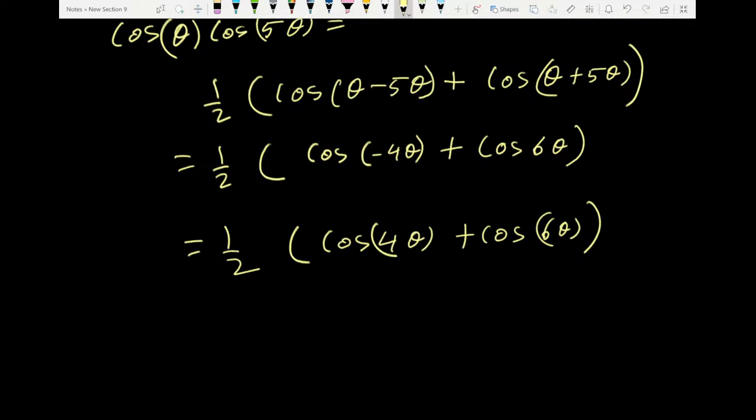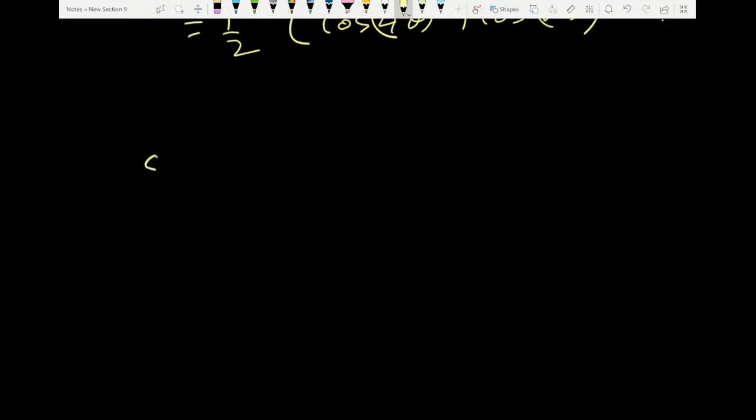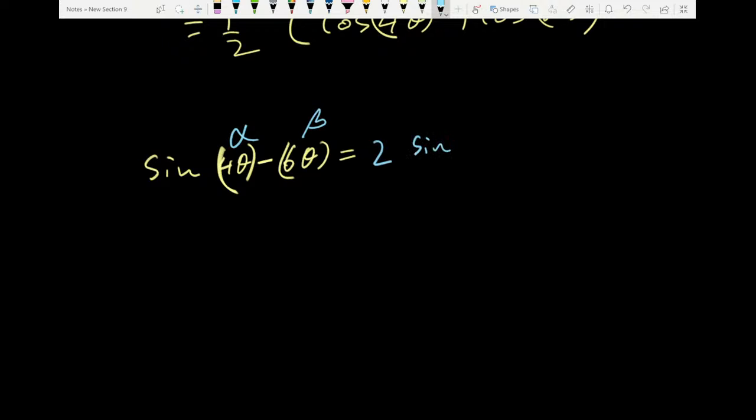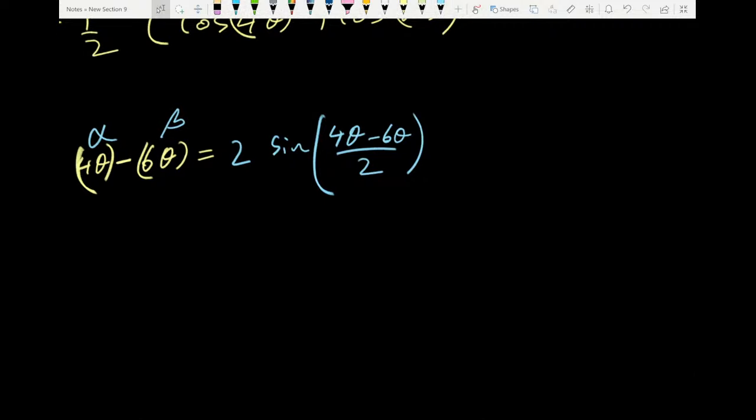All right, the other part of this would be working in reverse. So if I give you something like sine of 4 theta minus sine of 6 theta, and this is actually alpha and beta, if we use the formula, it becomes 2 sine of 4 theta minus 6 theta, the whole thing over 2, and we get cosine of 4 theta plus 6 theta over 2.